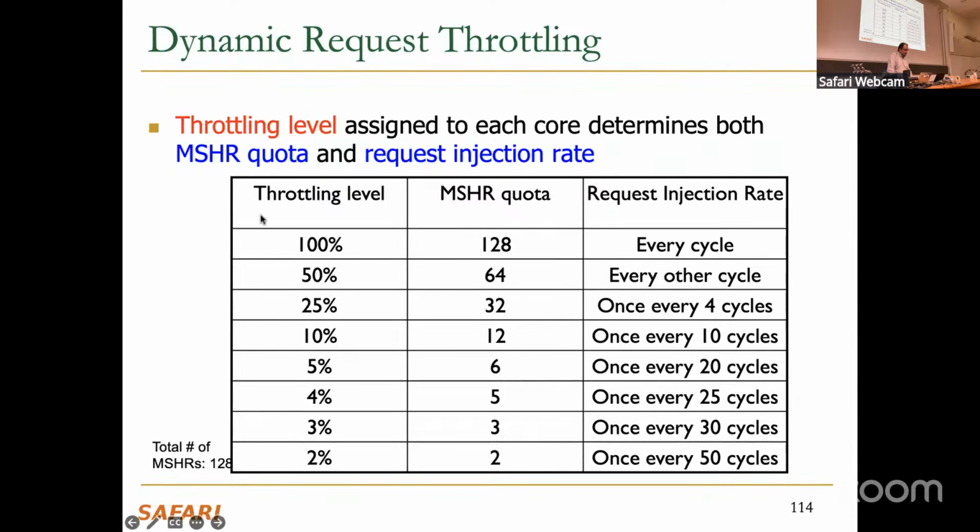In this scenario, MSHR quota is 128, which is the maximum, and request injection rate is every cycle. But when we want to throttle it by half, we reduce the MSHR quota to 64, and then we do injection rate every other cycle. You can see different numbers in this table, which we use to adjust the aggressiveness of the application. Makes sense?